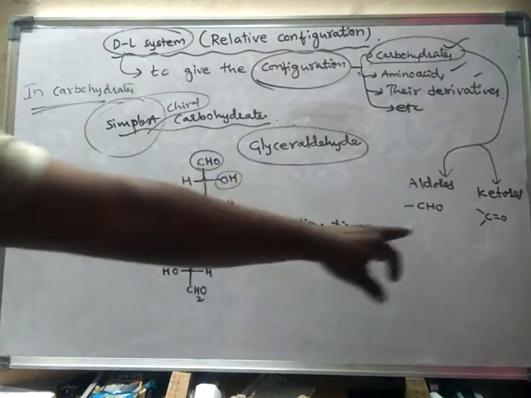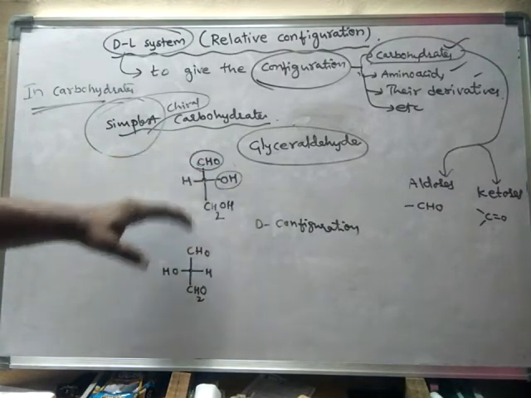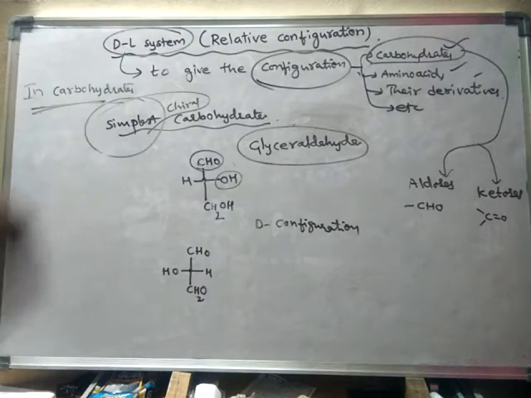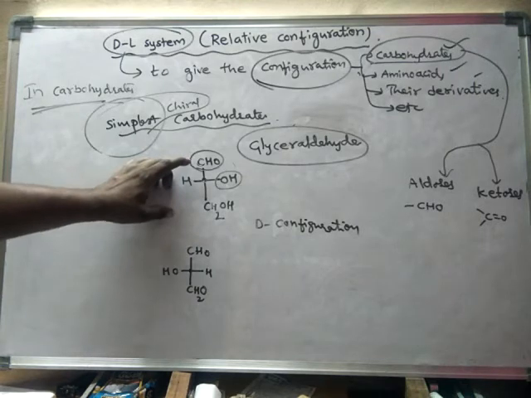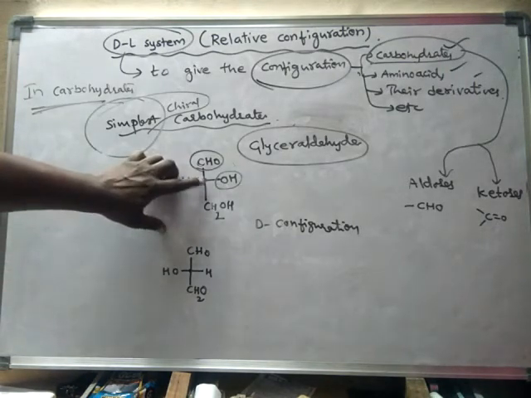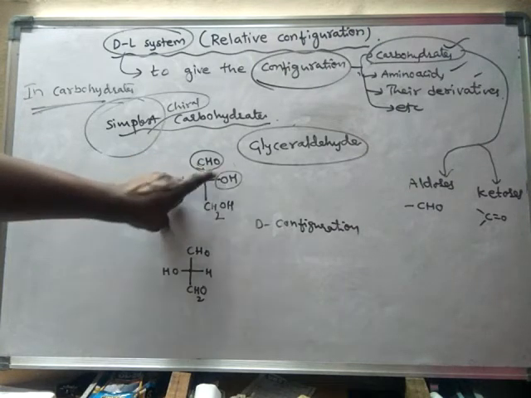So from the aldehyde or the ketone, we have to check the farthest chiral center, the one at maximum distance. In that farthest chiral center, we look at the OH group.